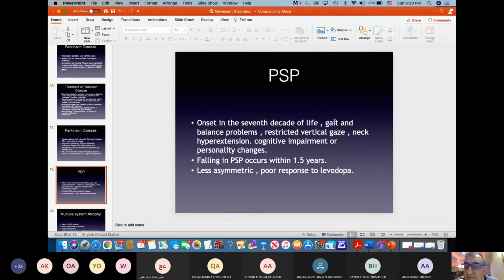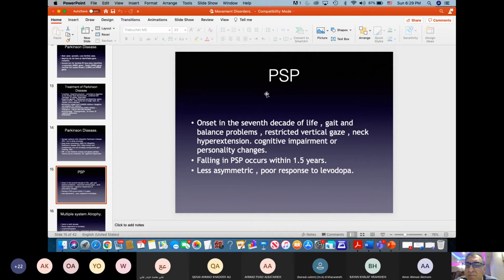Here, it starts from the beginning, within a year or two of the onset of the symptoms, and patients will present with early falls, basically. One of the key features to diagnose these patients is restricted vertical gaze. They have trouble looking up and down. They also have cognitive impairment, and they also have personality changes.